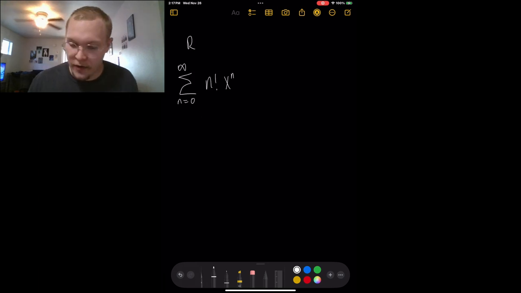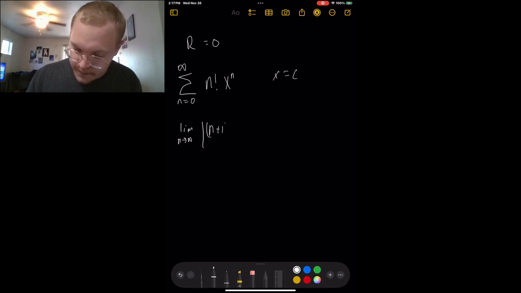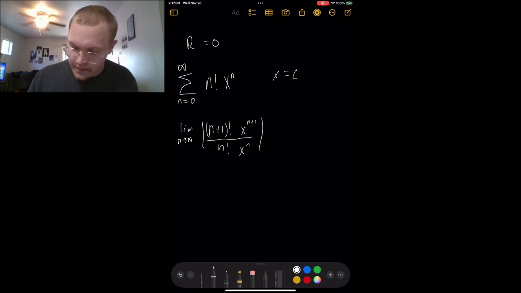The last general scenario is whenever the radius of convergence is 0, and that's going to be whenever it's a single point. As you can guess, that's going to be at the center, and I'm going to prove that with the ratio test here real quick. We're going to do the limit as n approaches infinity of the absolute value of a sub n plus 1 over a sub n. These are going to cancel here. We're left with the absolute value of x.